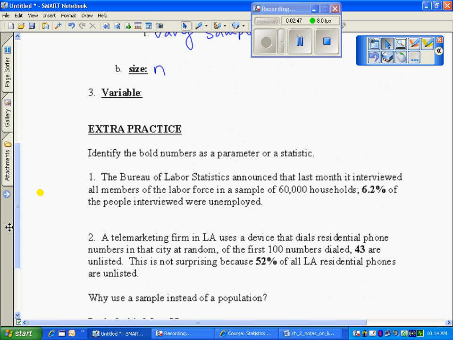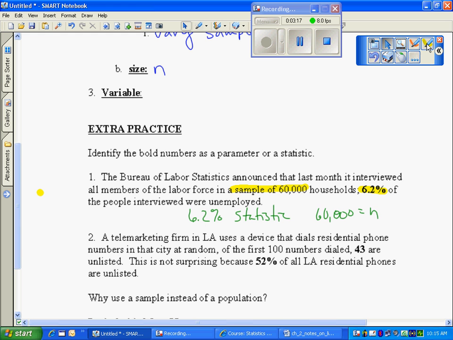Let's look at some examples here. If I look, the Bureau of Labor Statistics looked at a sample of 60,000 households, and this is the percent that they received. So since it came from a sample, the 6.2% is the statistic. The 60,000 is lowercase n because it came from the sample.